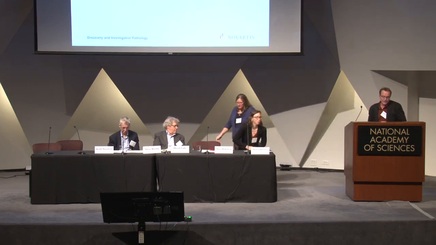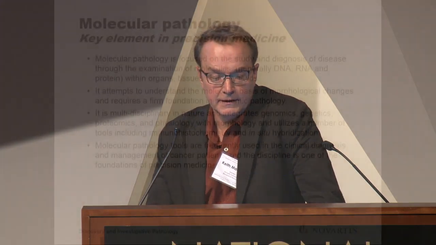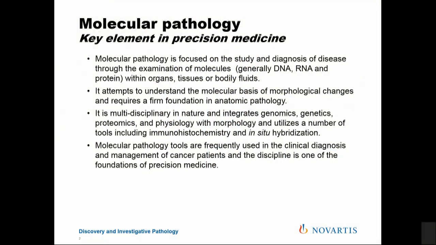So molecular pathology is focused on the study and diagnosis of disease through the examination of molecules in tissue sections or body fluids. It attempts to understand the molecular basis of morphological or structural changes in tissues and ties those then to functional alterations. And it requires a firm foundation in anatomic pathology.